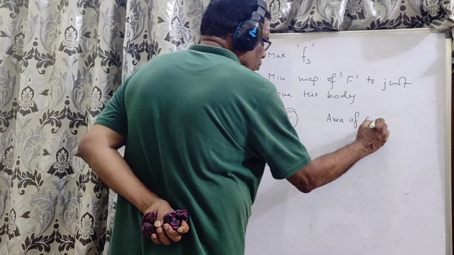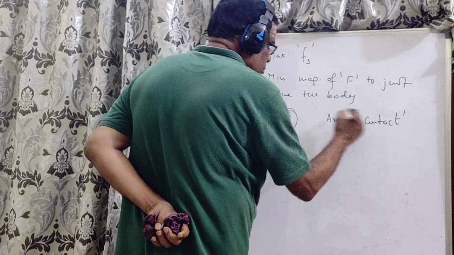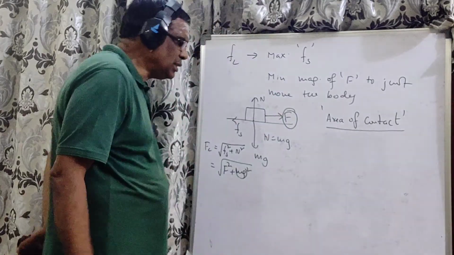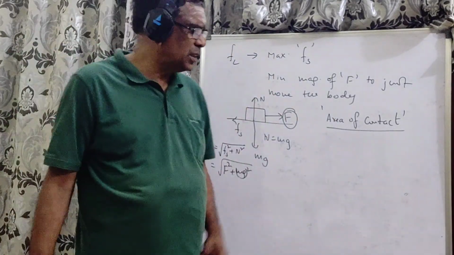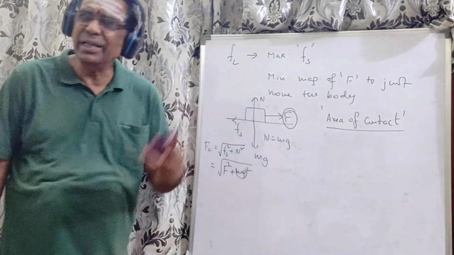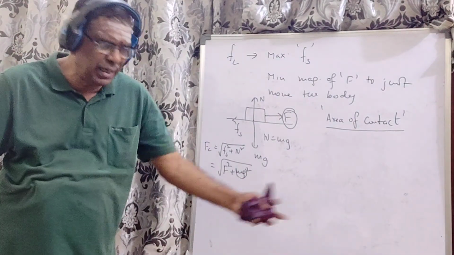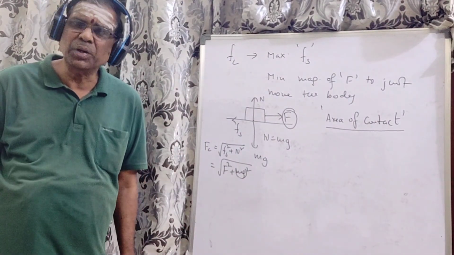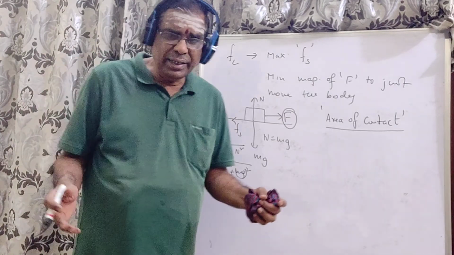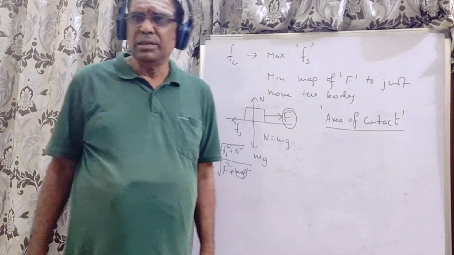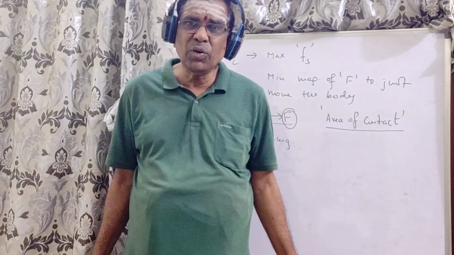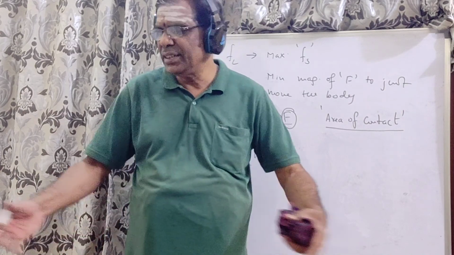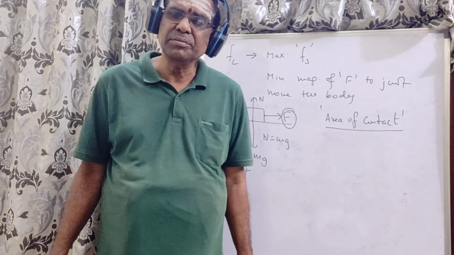Area of contact. Does the frictional force depend on the area of contact? A very standard question that people ask. Now, I take a table with only 4 legs. The contact is only at those 4 legs.